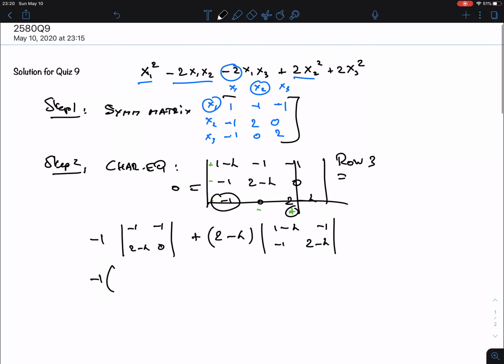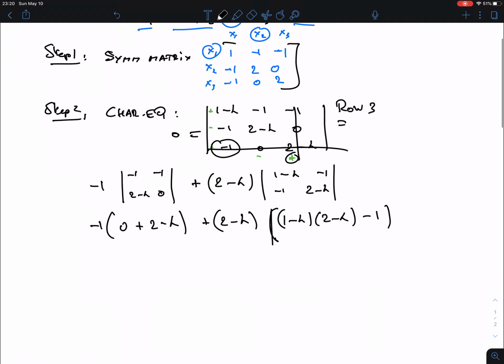This is -1, 0, minus, minus, so plus 2 minus lambda, plus 2 minus lambda, 1 minus lambda times 2 minus lambda, minus, minus, minus, -1. Okay? So with this minus here, I'm going to do something that you might not have done, but it's not hard, just to show you that sometimes you have to look for things.